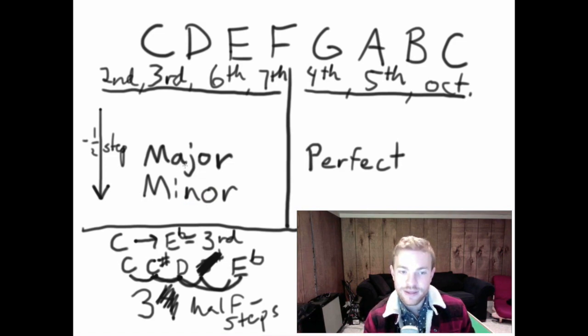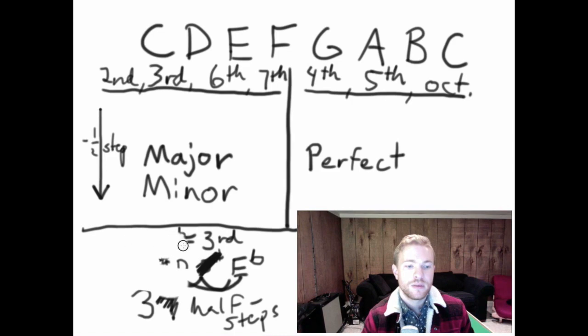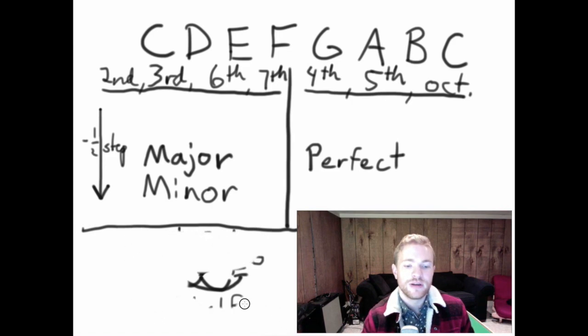If we were to lengthen the major interval by 1/2 step, so I'm going to erase this stuff down here, so we can demonstrate what this is going to look like.